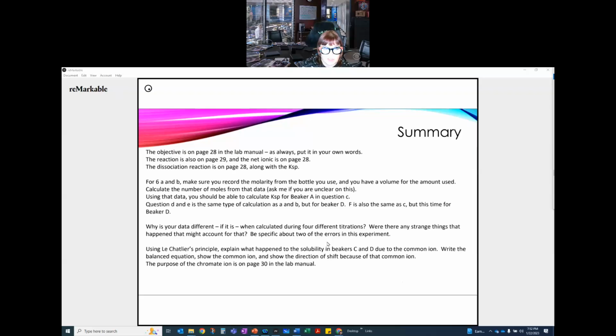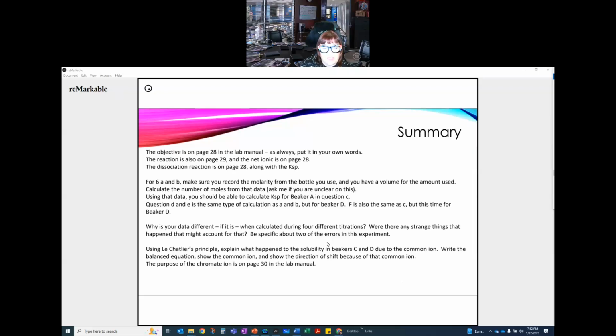Okay, so you'll be given that information. You need to calculate the number of moles from the data. And then using that data, you need to be able to calculate KSP for beaker A in question C. Question D and E, same type of calculations as for A and B, but for beaker D. F is the same as C, but this time for beaker D.